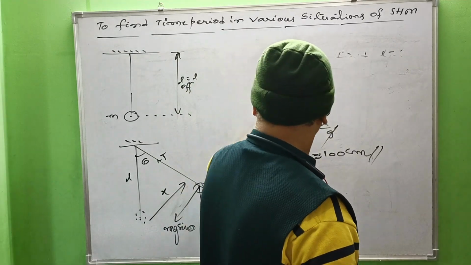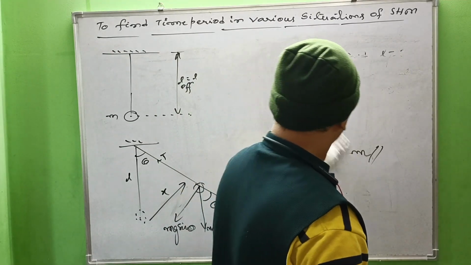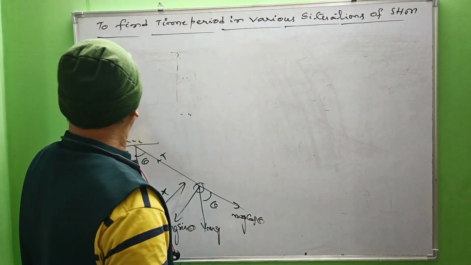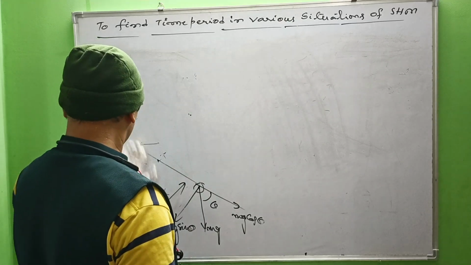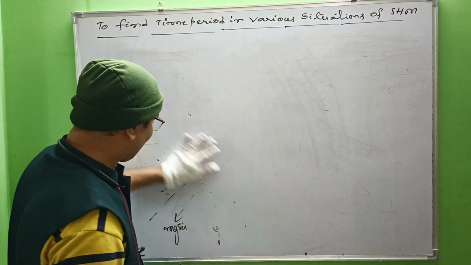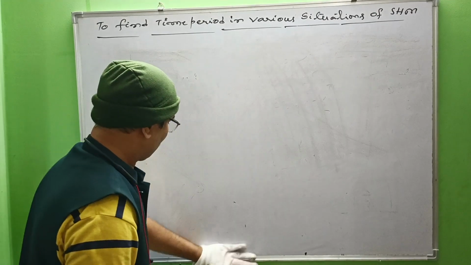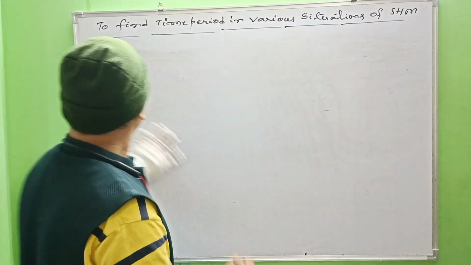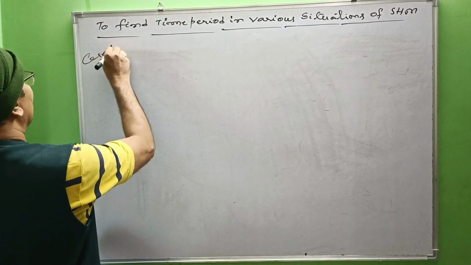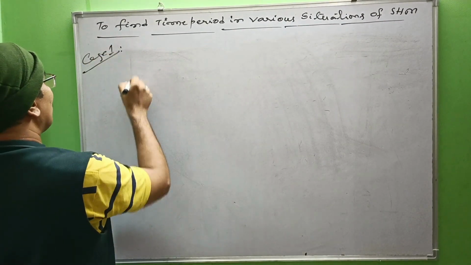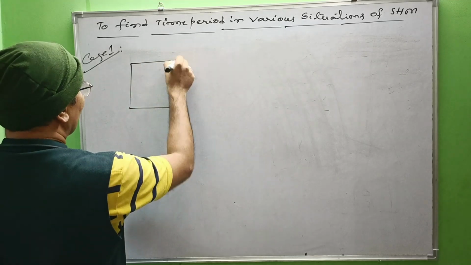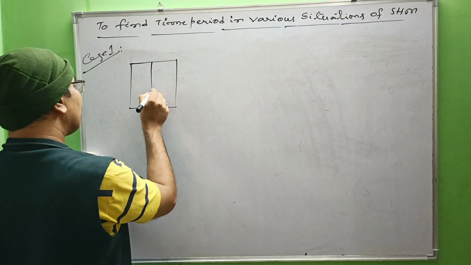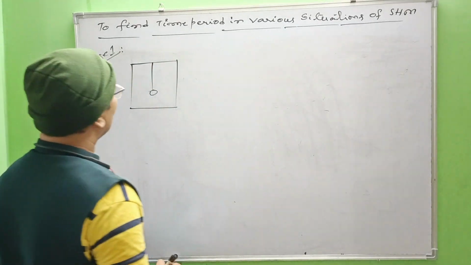Now, first of all, we have to consider a simple pendulum in a lift, otherwise elevator, right? So case 1. In case 1, see here, this is one elevator or lift. To its ceiling, one pendulum is fixed like this, right?